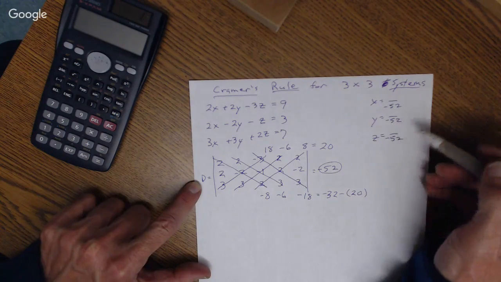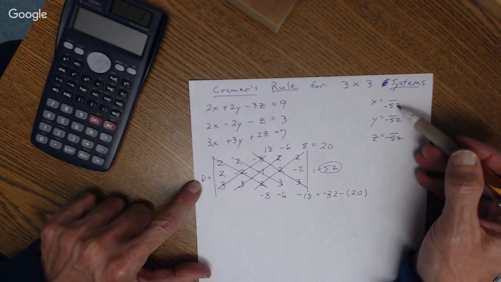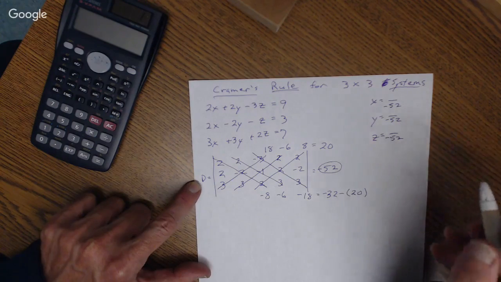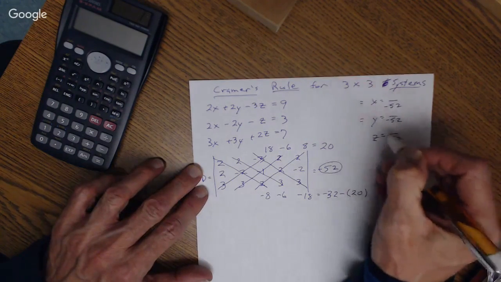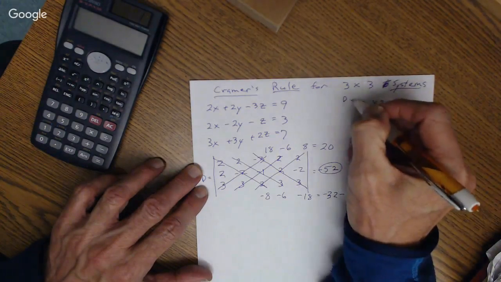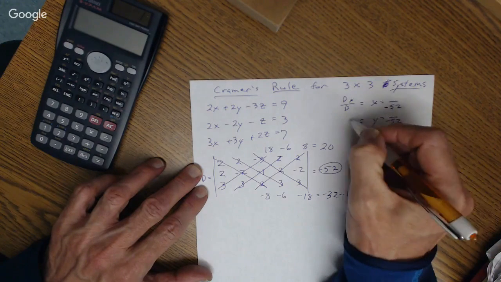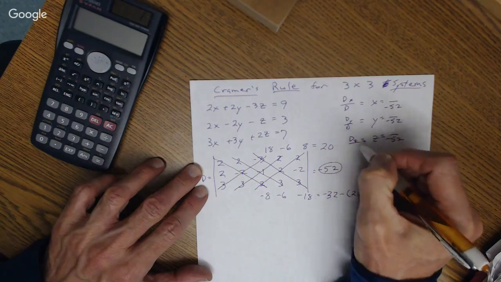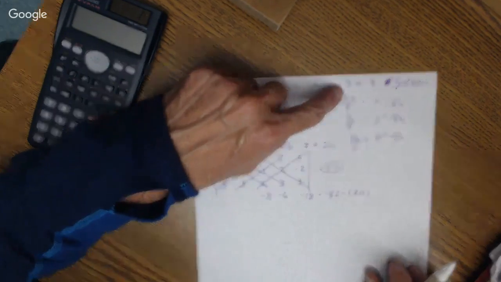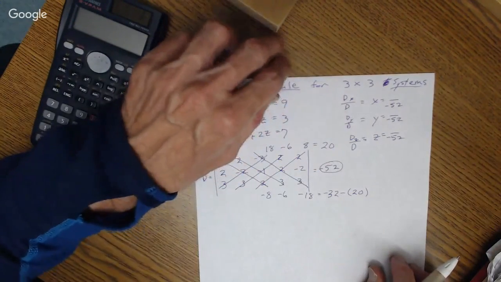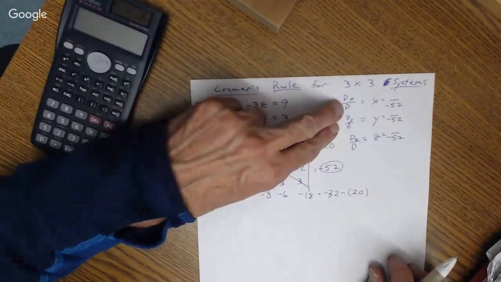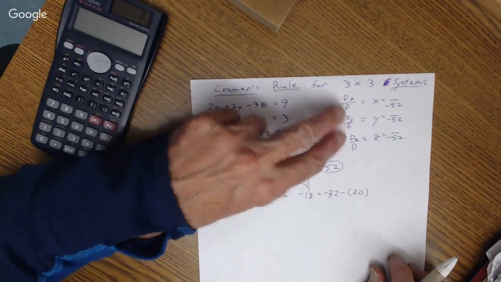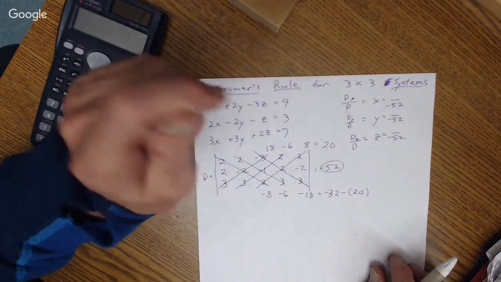So remember, x, y, and z are equal to dx over d, dy over d, and dz over d. We have to figure out what the dx, the dy, and the dz are. We know the determinant d on the denominator. We just have to find the numerators now, and then we'll know x, y, and z.